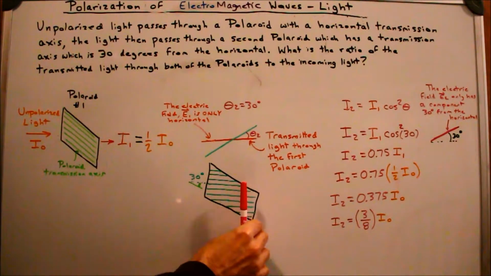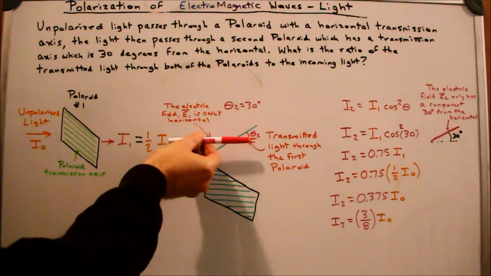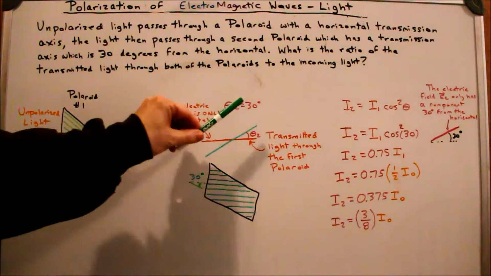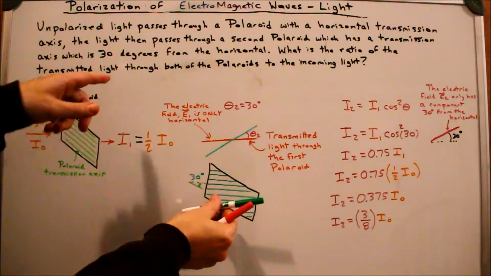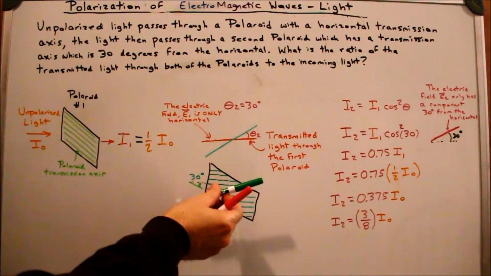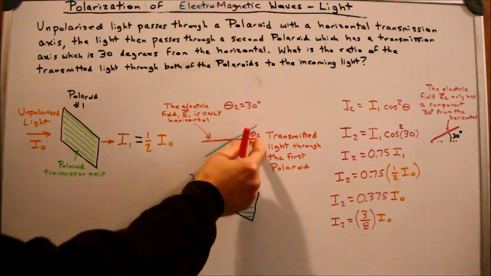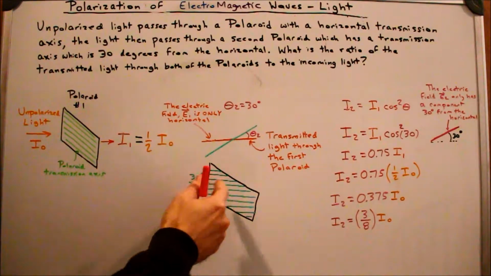Now coming to the second Polaroid, this coming in, and it has electric field only horizontally, and what gets transmitted is electric field which is 30 degrees from that, which is in the transmission axis of the second Polaroid. So we just need that component, the vectorial component of the intensity going through there.